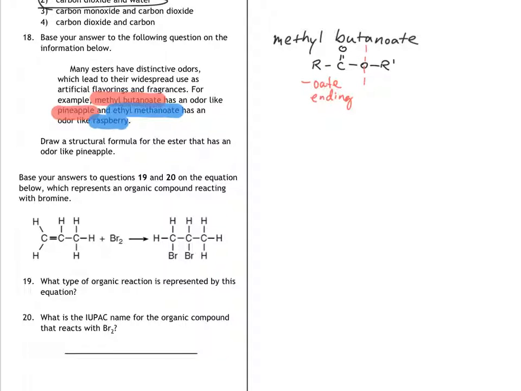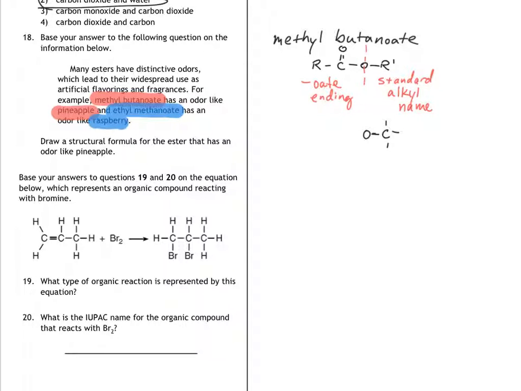And the side without the double bonded O gets the standard alkyl name. So following that template, we need to do the methyl butanoate. So I'll just sort of keep everything the same as in this diagram right here. So the methyl is going to be aligned against this R group. So I'll put in a methyl down there.